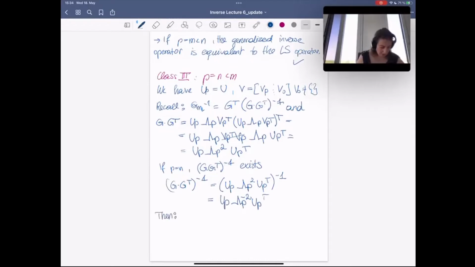What we can do then is to plug it into our minimum length operator, GML.